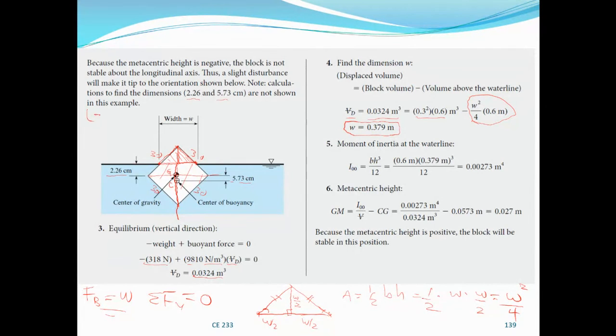Use Pythagoras theorem, which is the square root of 30 squared plus 30 squared. Let me get my calculator. It will be about 42.4.